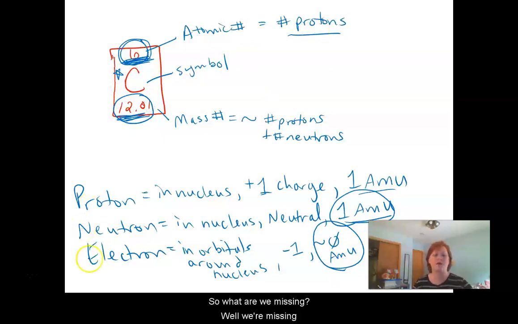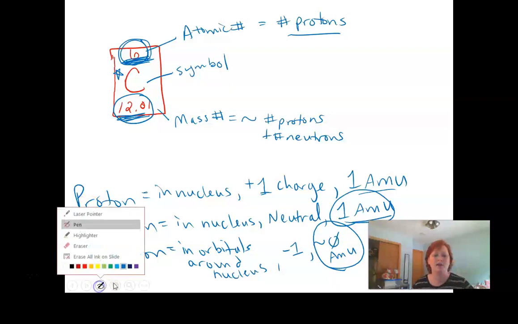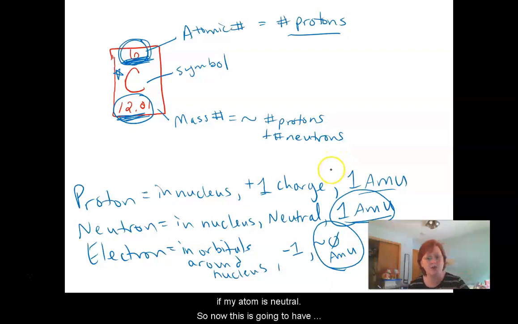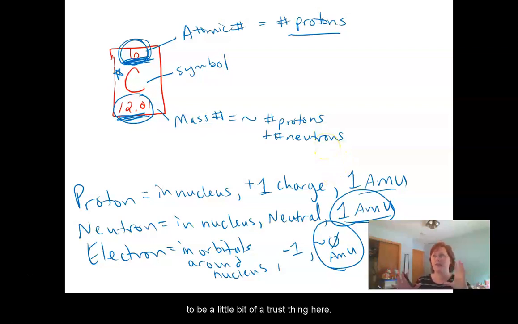So what are we missing? Well, we're missing electrons. The number of electrons will equal the number of protons if my atom is neutral. So this is going to have to be a little bit of a trust thing here.